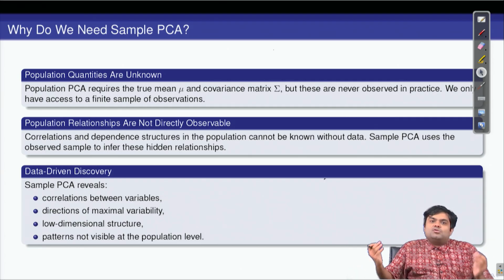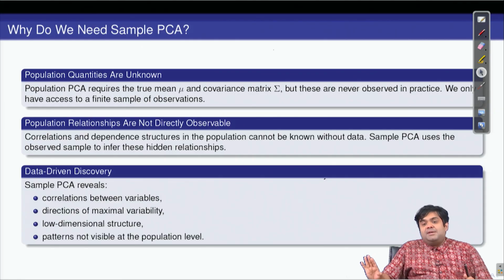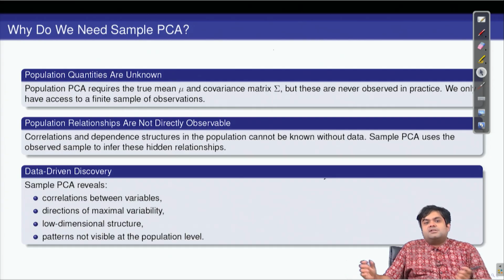Whatever you do, you have to do based on the sample present in your hand. So, sample PCA will reveal the correlation between the variables that is observable in the sample, the directions of maximum variability present in the sample, with the hope that it gives you the directions of maximum variability in the population.